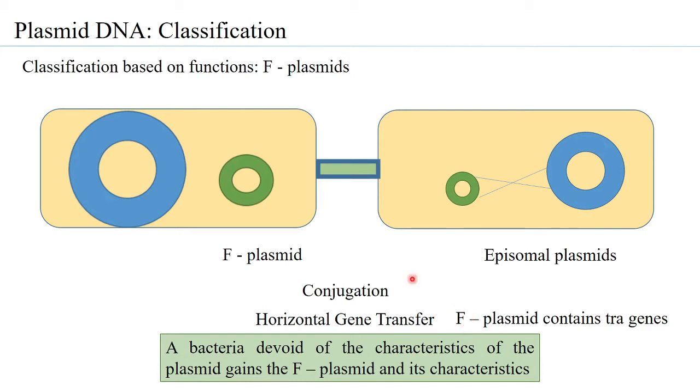So if this conjugation process is active, in a population of bacteria after a certain period, most bacteria in the population can have the F plasmid, if the F plasmid is enabling the bacteria to get better survival.